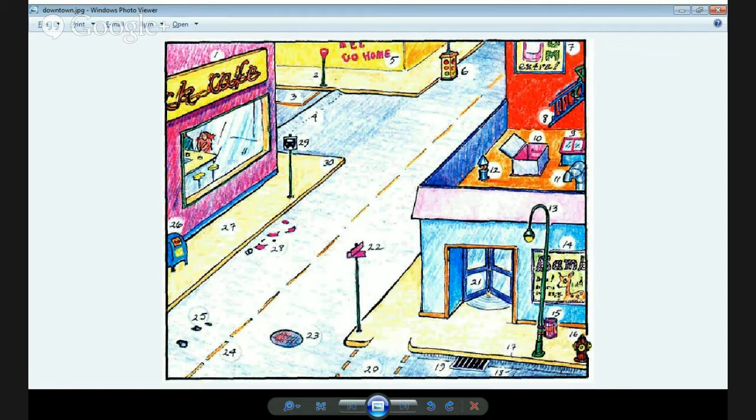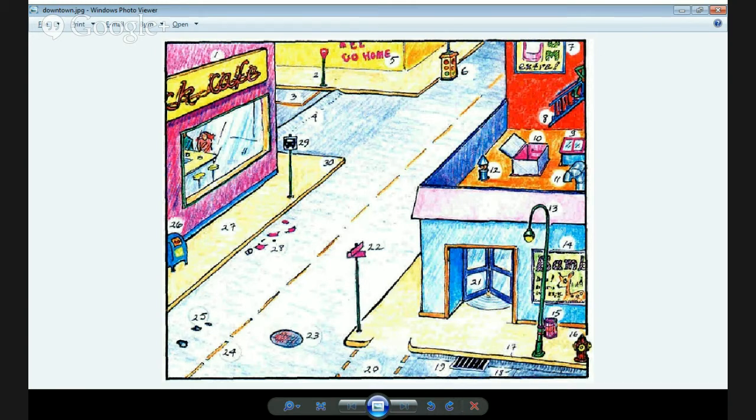Maybe the names of the buildings? No. Remember, we're in America, so for us, the names of the streets are usually on a sign like that, not on the side of a building.